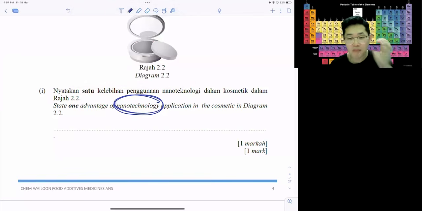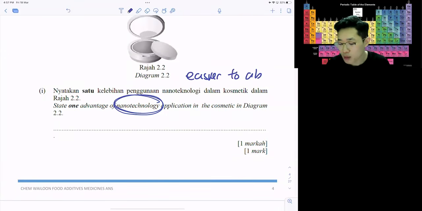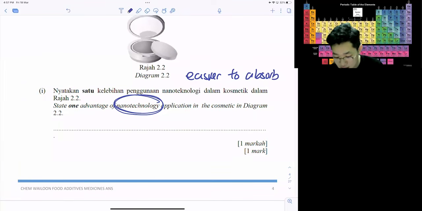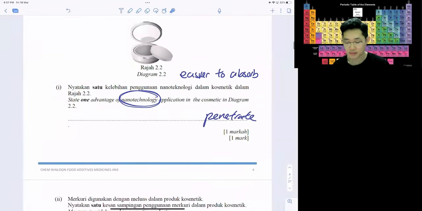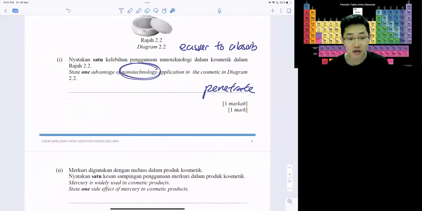Small means for medicine, for things that apply on your skin, they will be easier to absorb by your body, or you can say easier to penetrate into your skin. Then other types of nanotech are like microchips and semiconductors. These are like the two most important ones.